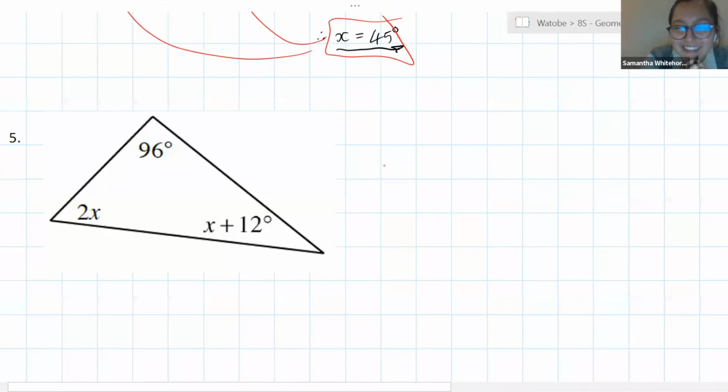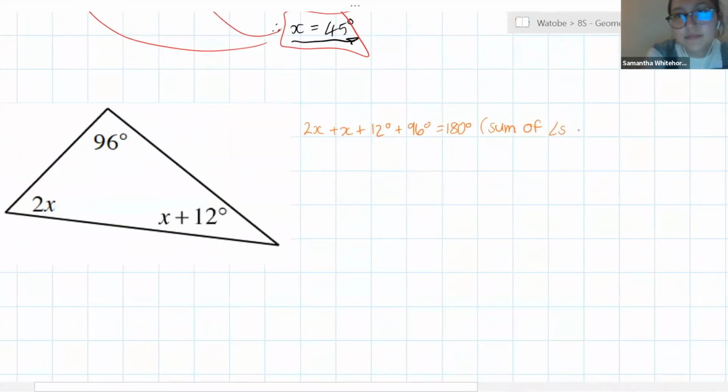Right, tell me. I said 2x plus x plus 12 plus 96 equals 180 degrees, and the reason is angles in a triangle. Fantastic. And then I said 3x equals 180 minus 108. Okay, sorry Theo, where did you get the 108 from?